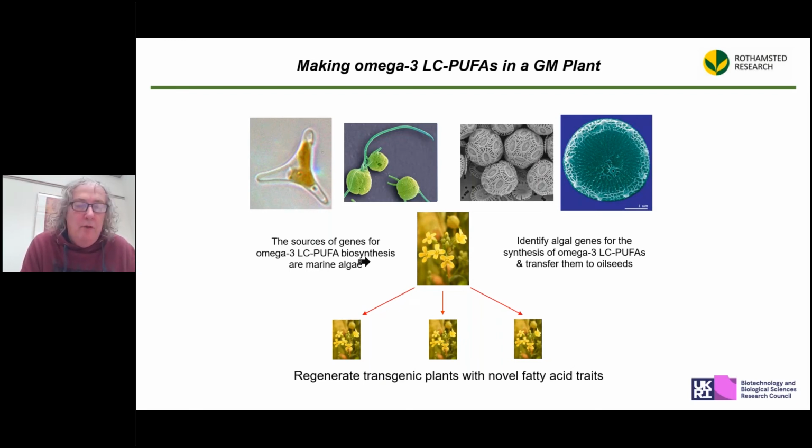You don't need to put fish genes into the plants, but you need to put algal genes into the plants. So you have to put a whole pathway into the plants. And we use seed-specific promoters, and we tried lots of different plant species, and we tested it in Arabidopsis and put it into canola and put it into linseed and soy and lots of other crops.